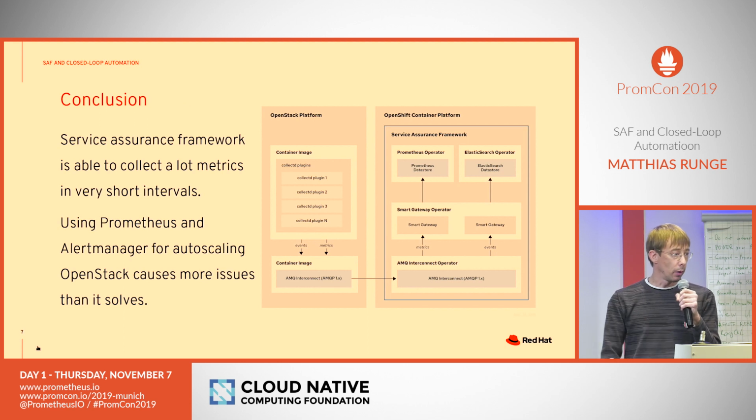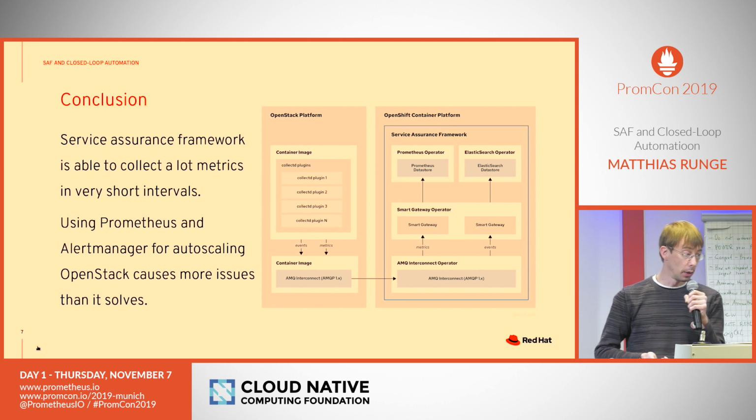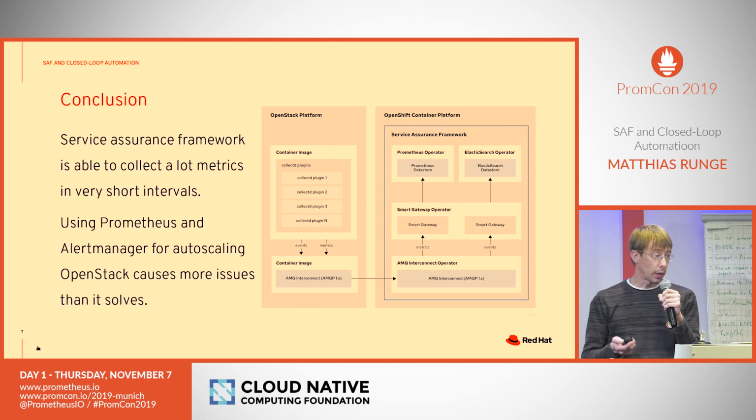So Service Assurance Framework is still a useful component for collecting metrics and events from your OpenStack infrastructure, and it is designed for consuming loads of data, like 100 metrics per second from 5,000 nodes or so. But the autoscaling use case is nothing this stack should solve.